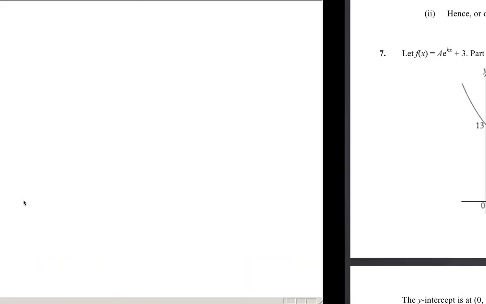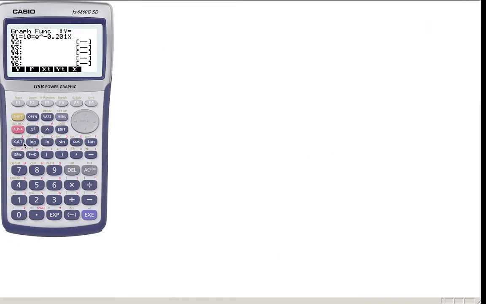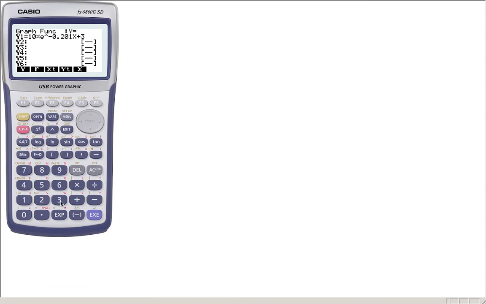So minus 0.201x, and then plus 3, is it? Yes, plus 3. So that is the first function. So let me draw this. Okay, I get this graph.